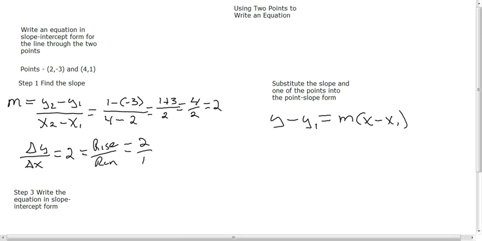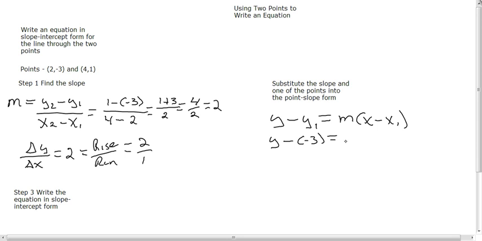So here, let's use the first values, which is 2, -3. Now you can use either value. Either value will work for you as long as you use the same x and the same y from that particular ordered pair. So here we're going to use 2, -3. Okay, so that's going to give us y minus, and that y is a -3, so let's go ahead and put that in parentheses, a -3, and we're just substituting.